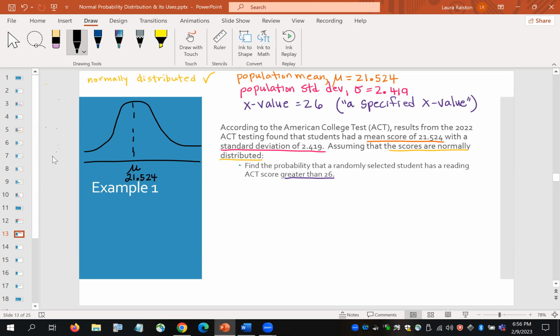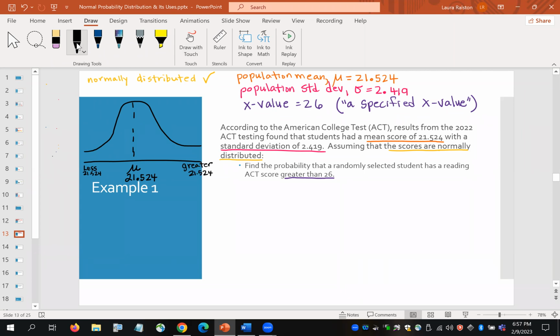Now, it's in the middle. Guys, I hope that it makes sense to you that numbers that are to the left are going to be less than the 21.524. And numbers to the right are going to be greater. I should have put greater, not right. Sorry. Are going to be greater than the 21.524.